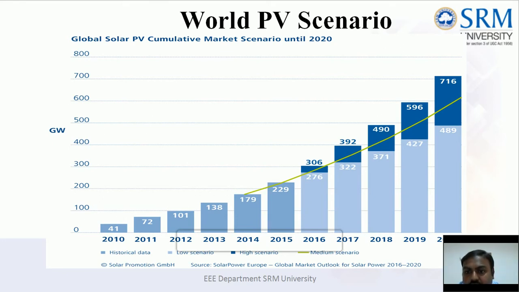The Asian counterparts like China are much into the system; they have a pragmatic target of 50 gigawatt each year. So this is the way the PV scenario is exponentially increasing across the globe.